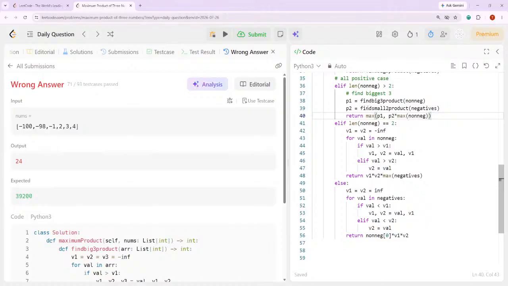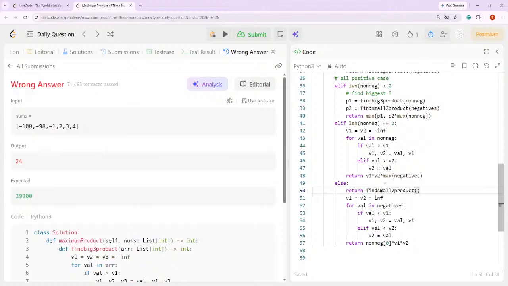And that P2 is also going to be the same one here. So it'd be return find small two product of the negatives times the only value in the positives.